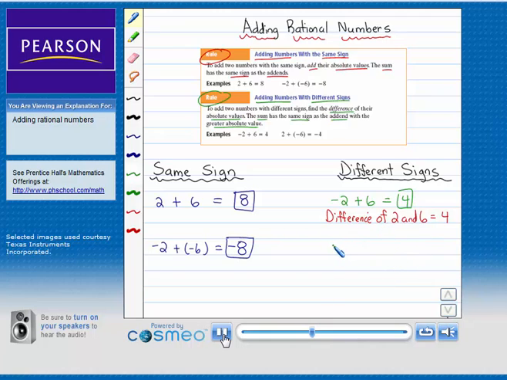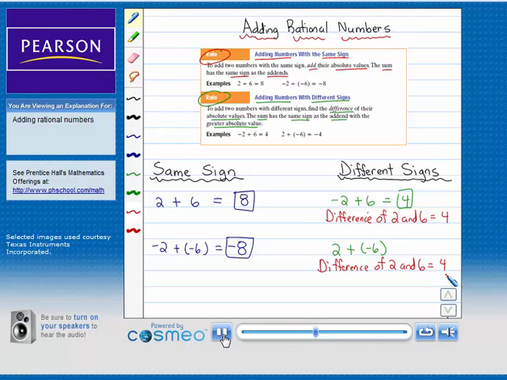Okay, you guys, if I'm adding 2 plus negative 6, again, I take the difference of the absolute values of the two numbers. The absolute value of 2 is 2, and the absolute value of a negative 6 is 6, and the difference between the two is 4.